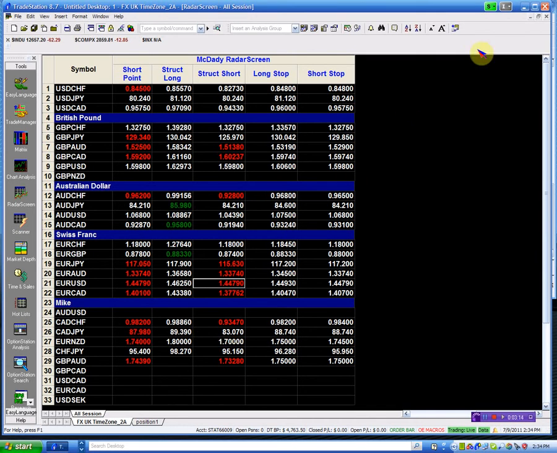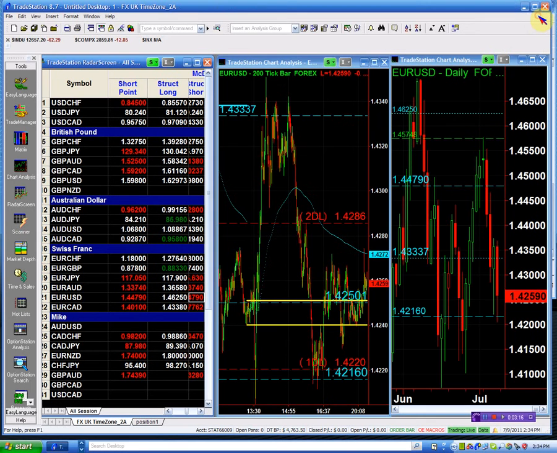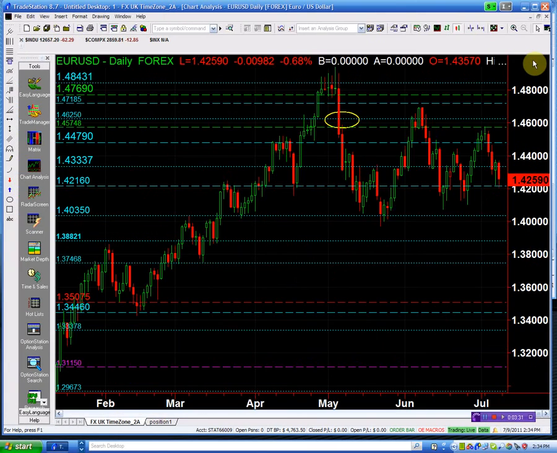Actually we shorted it from 144.79. Alright, we took it. That's a brilliant move. Anyway, with this close, our bias for the euro is to the downside. We still want to take it to the downside. We still want to be negative on the euro.